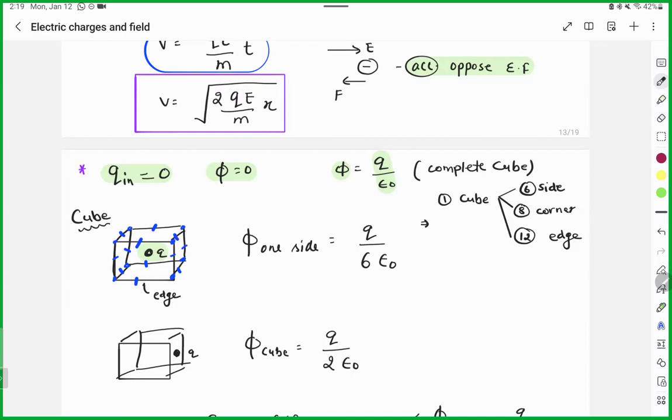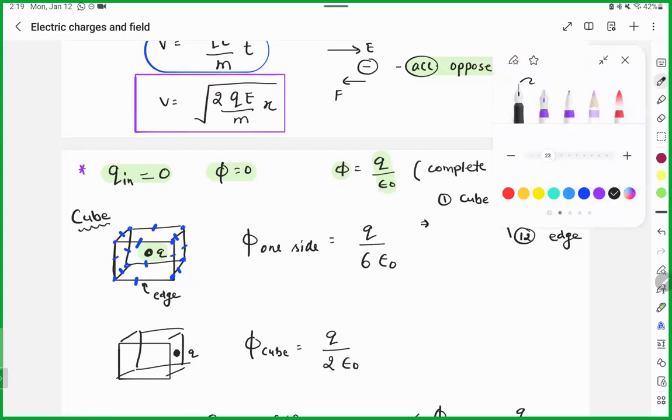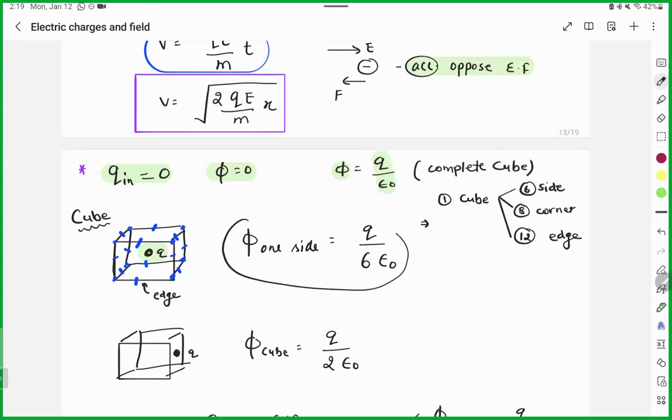Okay. So if you understand this really well, then things will become easy for you. For the six sides of one complete cube, I will use an extended version of this.